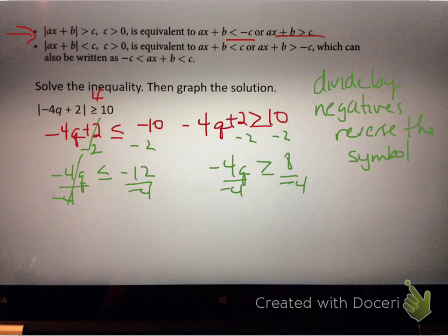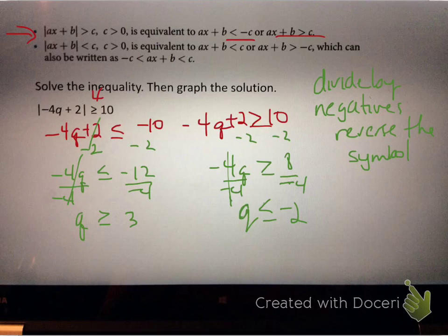So that means here the q will become greater than or equal to 3. And over here, the q will be less than or equal to negative 2.